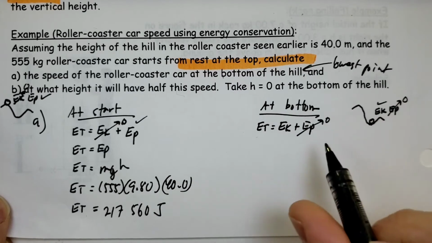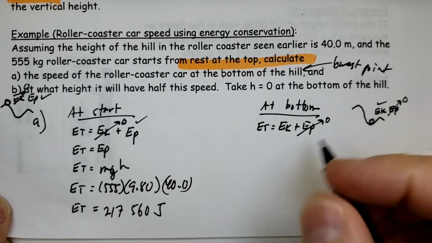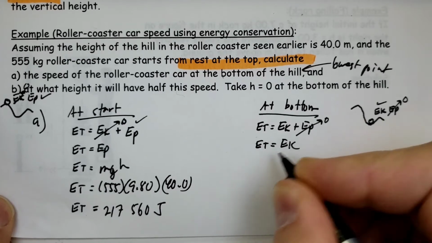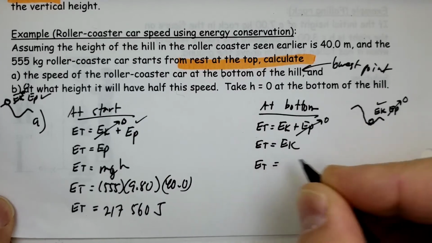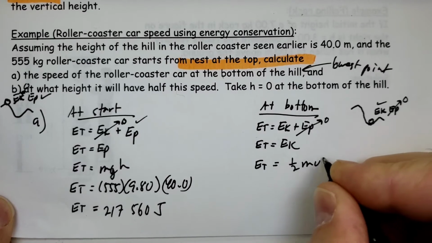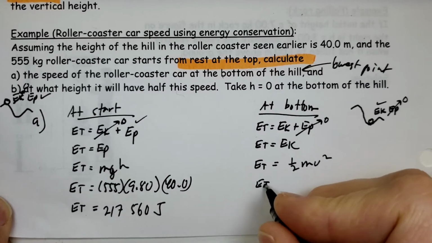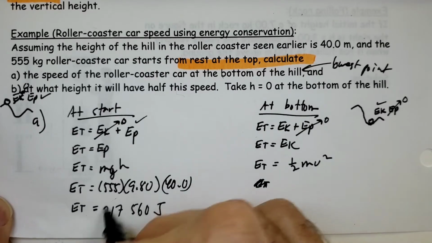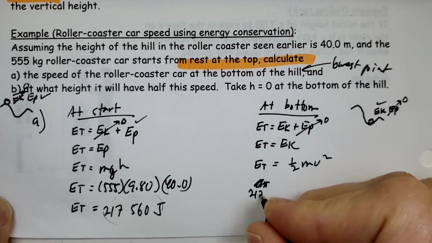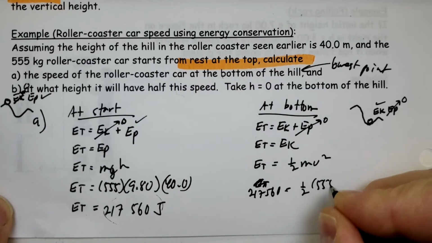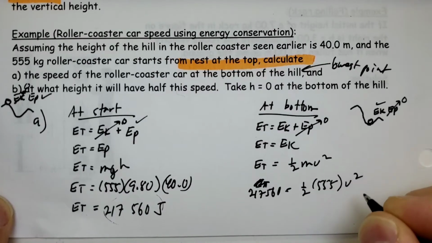Since we're at ground level, h is going to be 0. We don't have any potential energy, so all of our energy is going to be equal to EK, 1/2 mv squared. So our total energy, yes, is 217,560 equals 1/2 of the m multiplied by v squared.